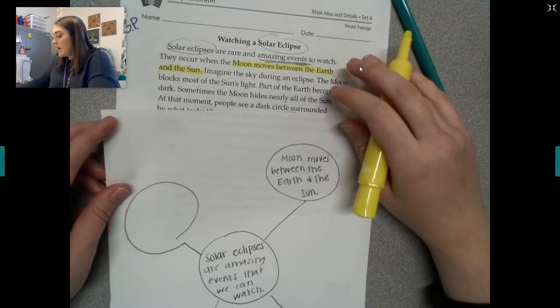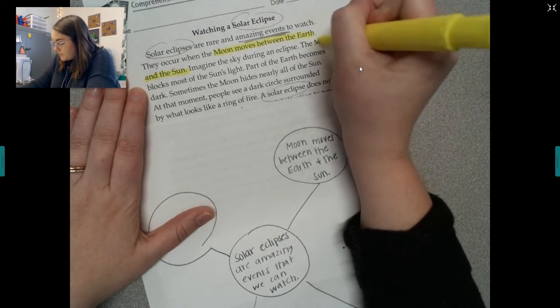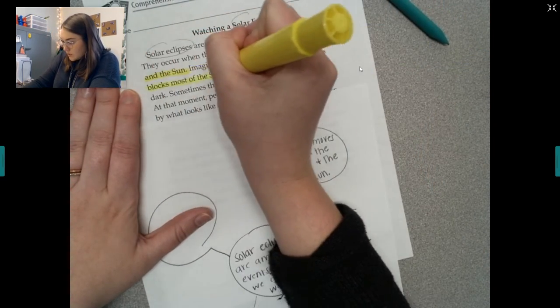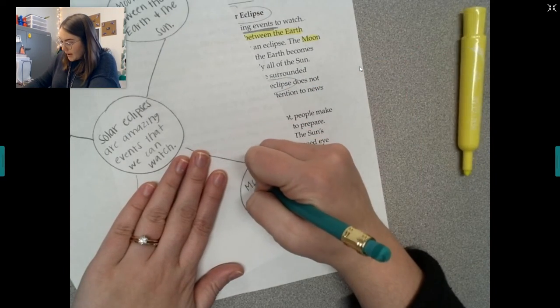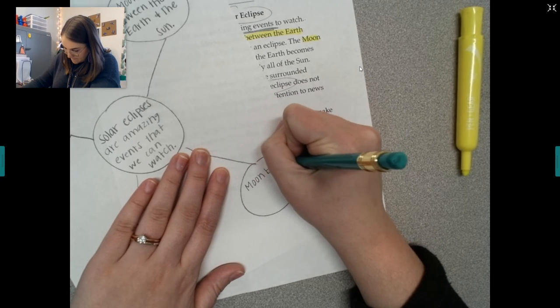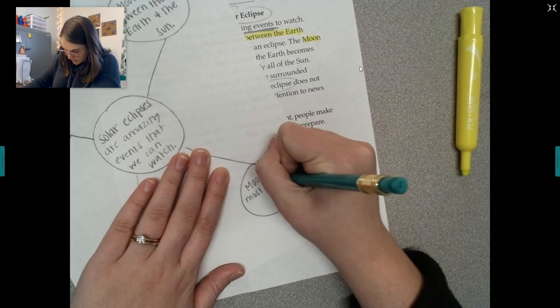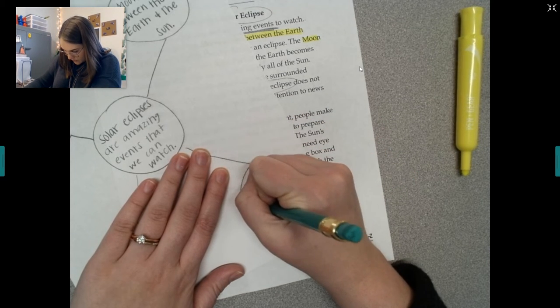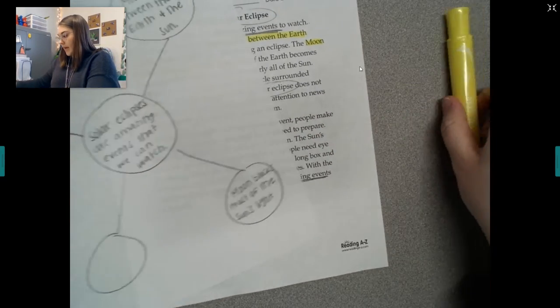So let's look. Imagine the sky during the eclipse. The moon blocks. Oop, that's another one. The moon blocks most of the sun's light. That's another detail about solar eclipses. Okay, let's look for another one.